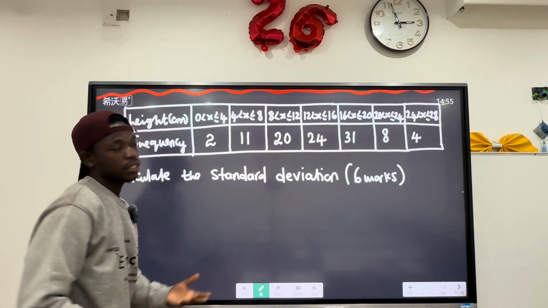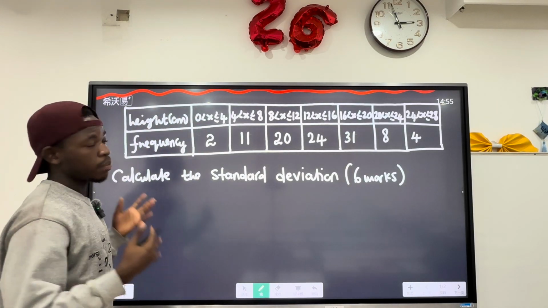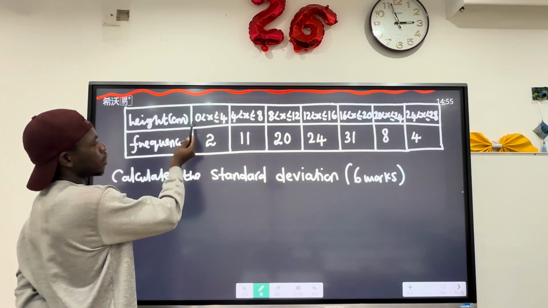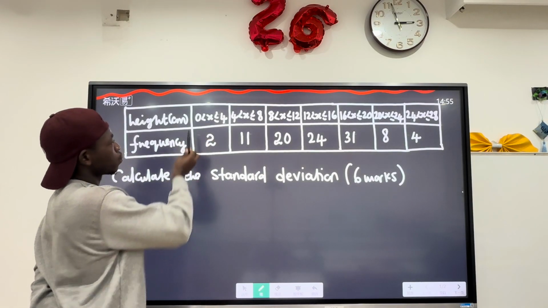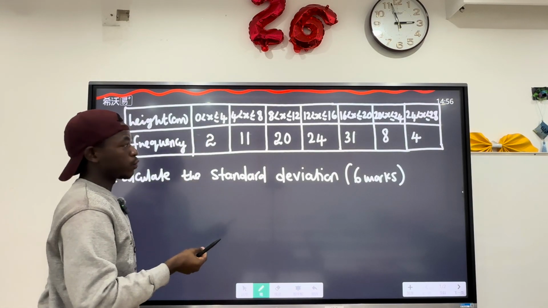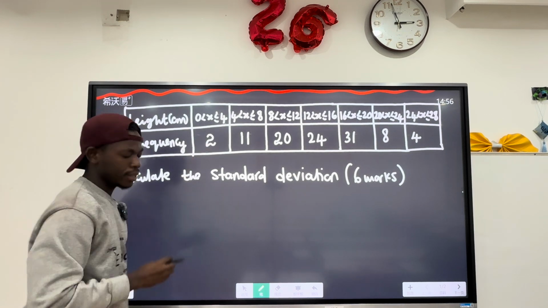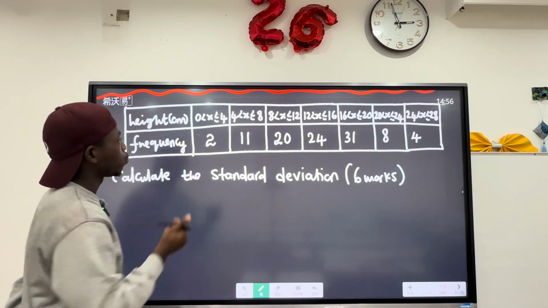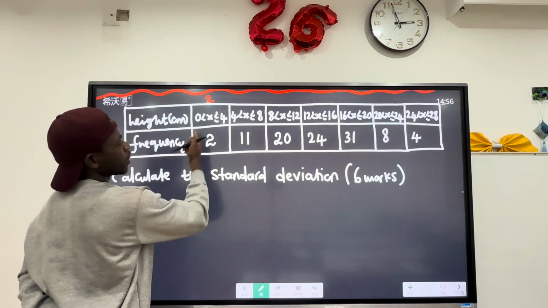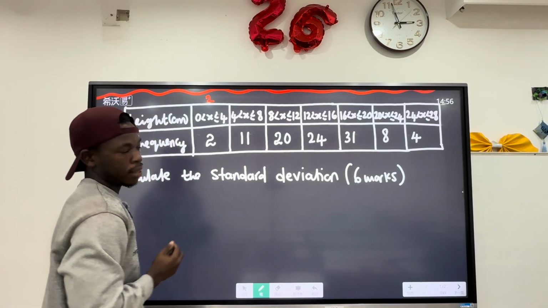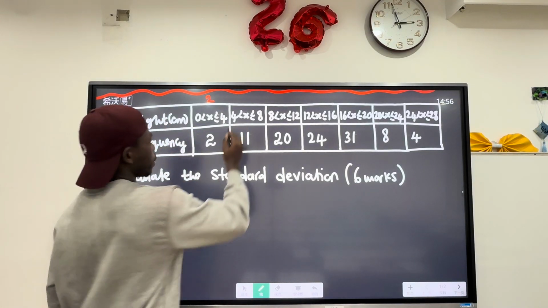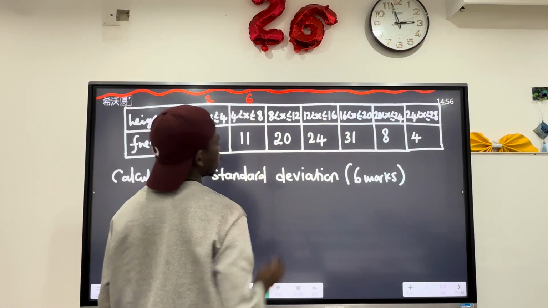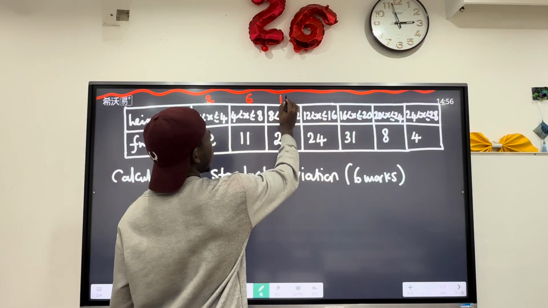I explained in the previous video how to find the midpoint of each class. You simply add the boundaries, then divide by 2. So 0 plus 4 is 4, divided by 2 you get 2. So the midpoint here is 2. 4 plus 8, 12, divided by 2, 6. 8 plus 12, 20, divided by 2, we get 10.